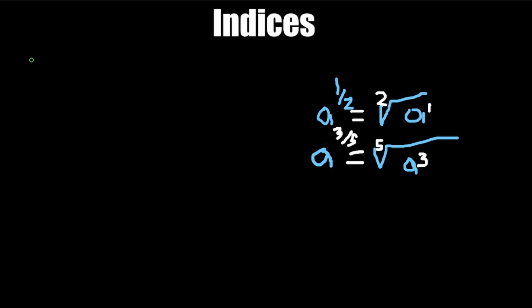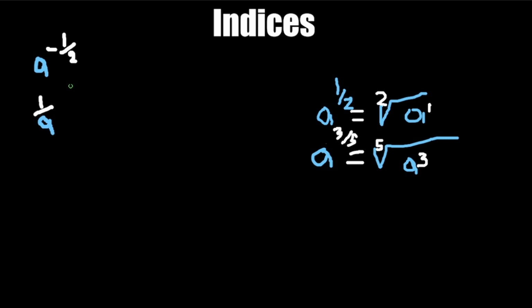So let's say that we have a to the negative half. Well, what we do first is that we have to deal with the negative first, okay? So this a is going to be the inverse of a. The inverse being 1 over a.